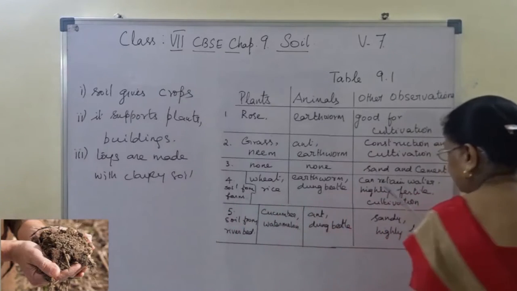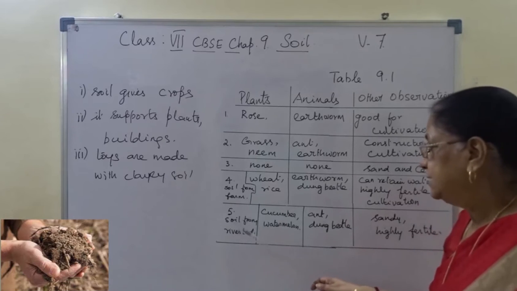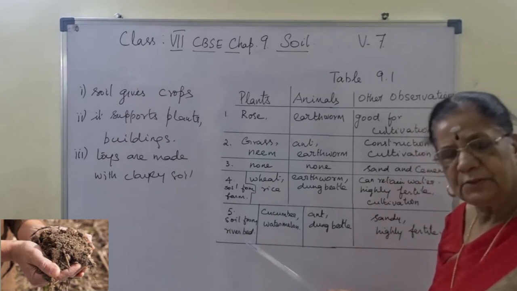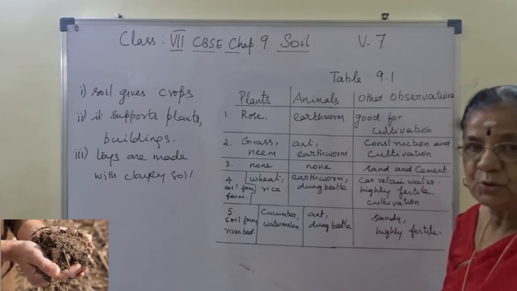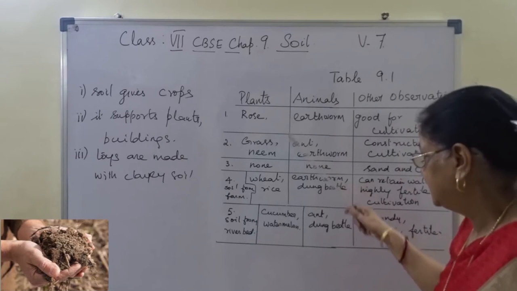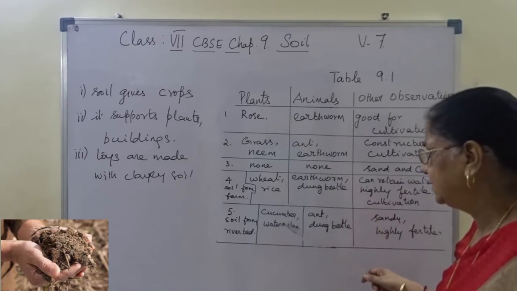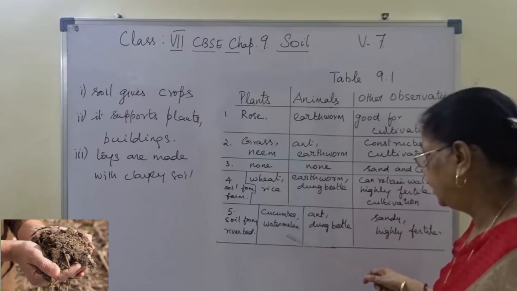Here you will write, can retain water for short duration, and it is highly fertile and suitable for cultivation. Right? Then the fifth one, soil from river bed. It is a very good soil, we call it river soil. Plants: cucumber and watermelon.